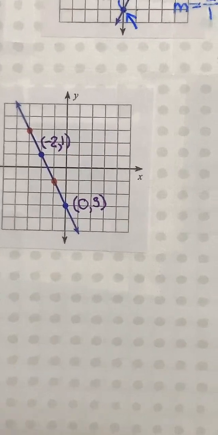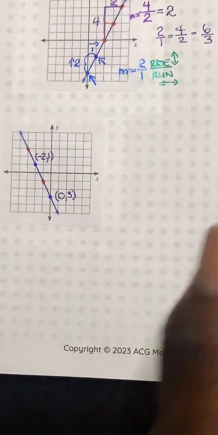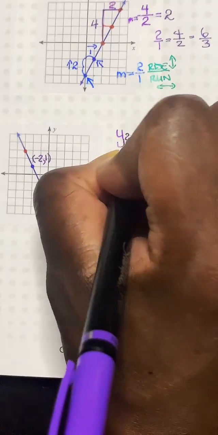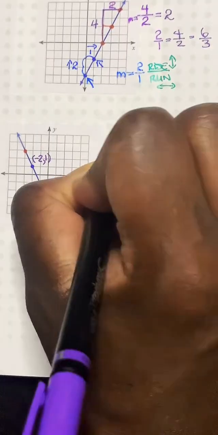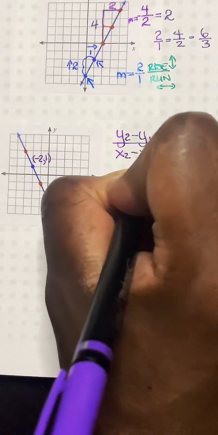If I want to use the formula, and the formula, you can do it one of 2 ways. You can do the traditional, which is y sub 2 minus y sub 1 over x sub 2 minus x sub 1.